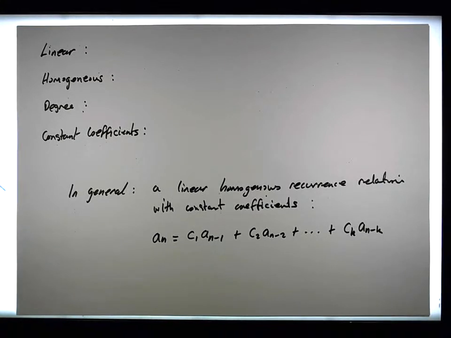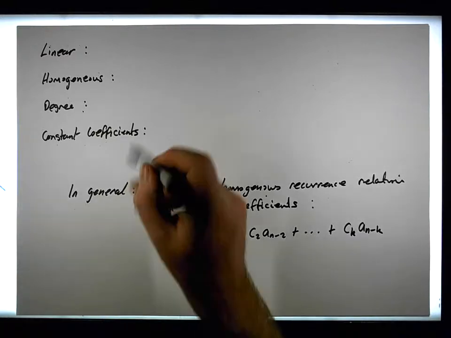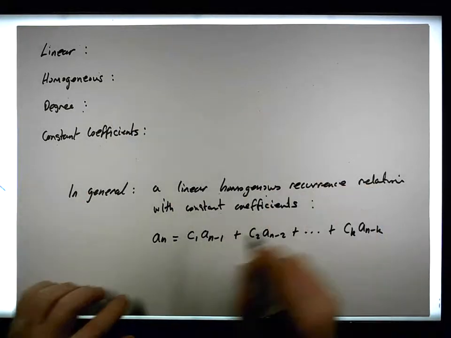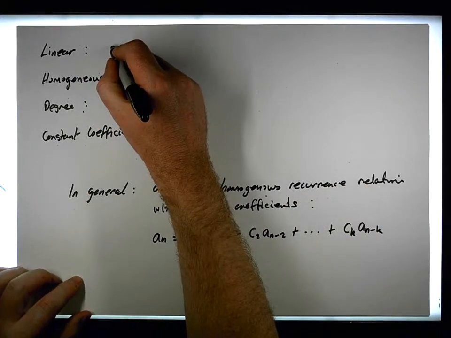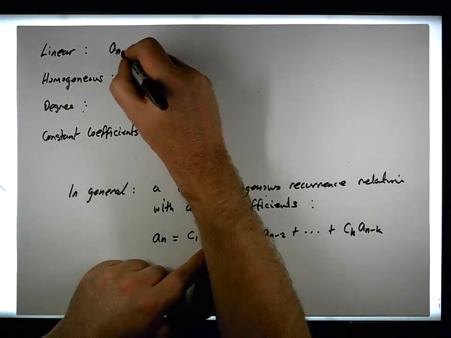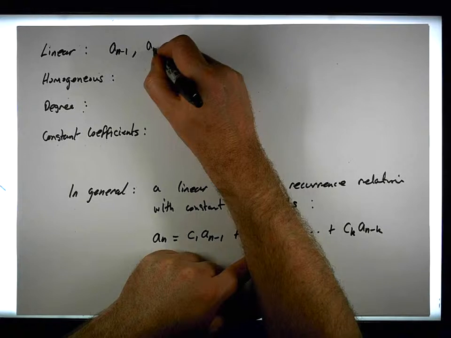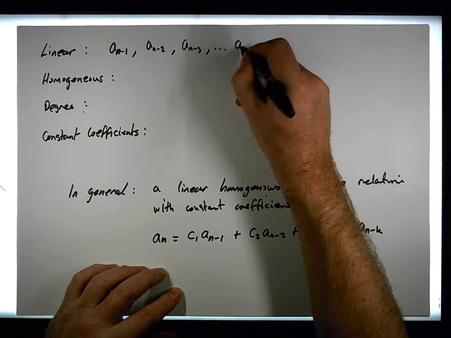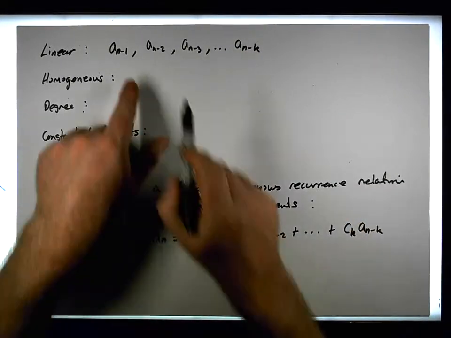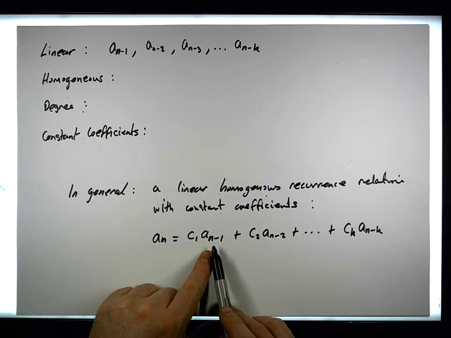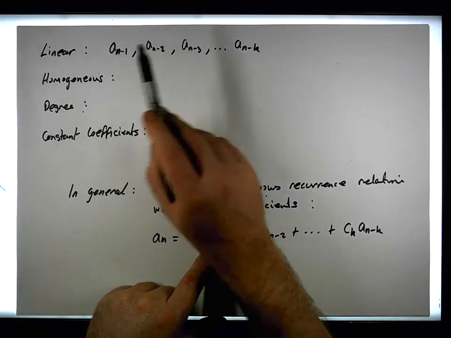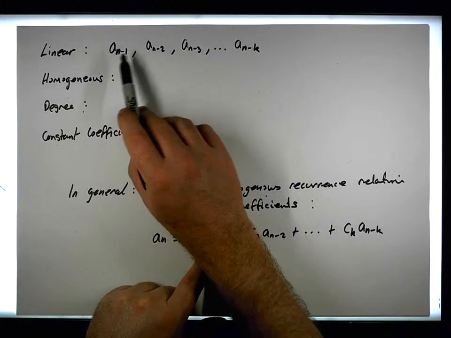Okay, so by linear we mean this. Linear effectively means that the a of n minus 1, a of n minus 2, a of n minus 3, all the way down to a of n minus k, these particular factors for each term, each term is only composed of those particular values.